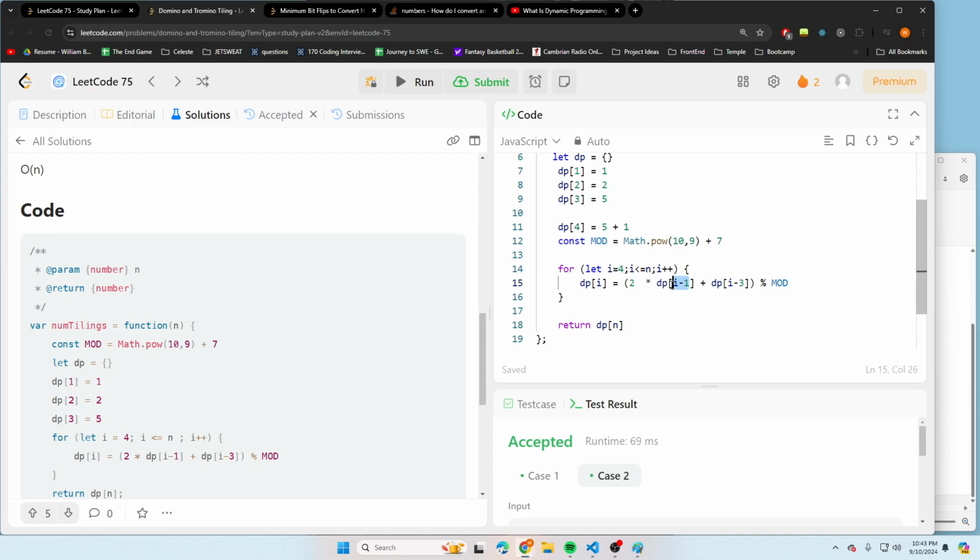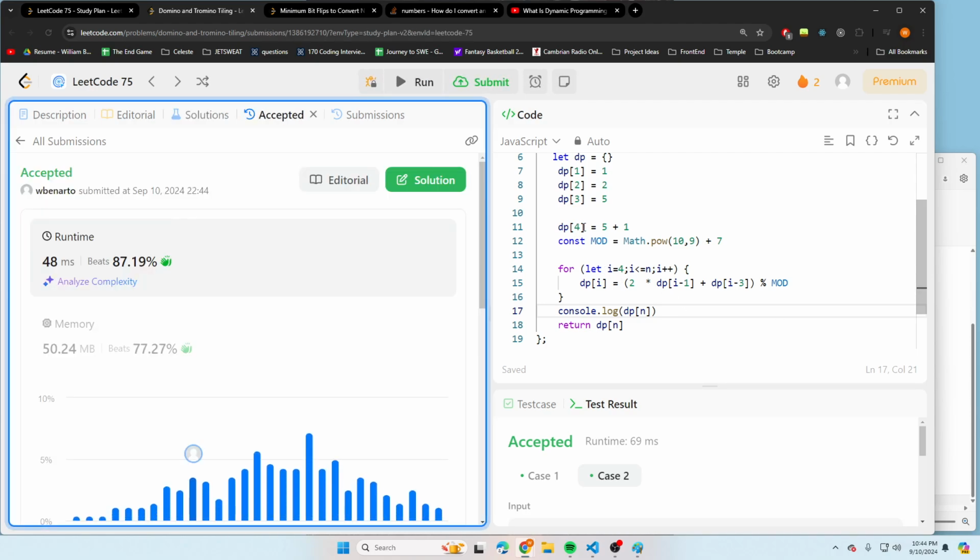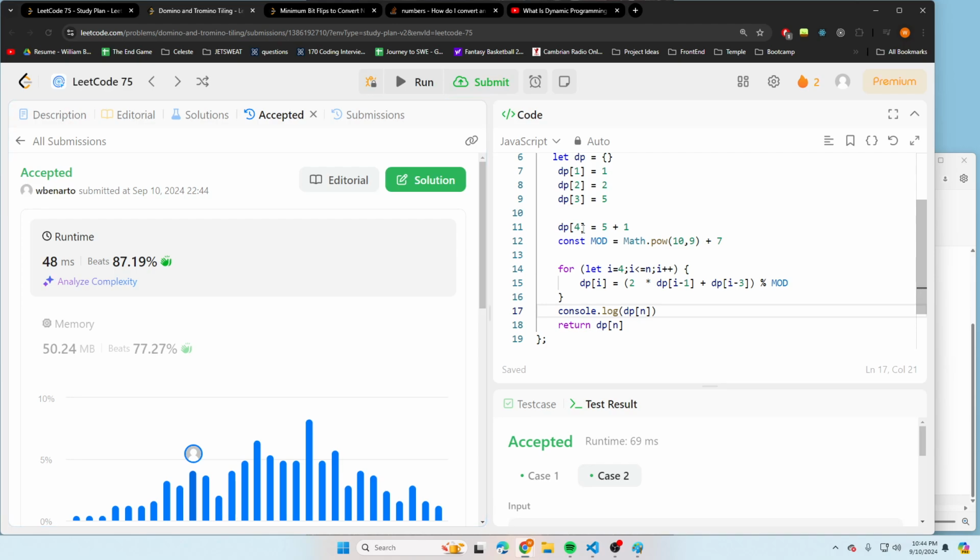So why is it i minus 1 when we're at 4? I is 4. I minus 1 is, because of this, you have to multiply that, and then dp of i minus 3. Minus 3 is what? 4 minus 3 equals 1.